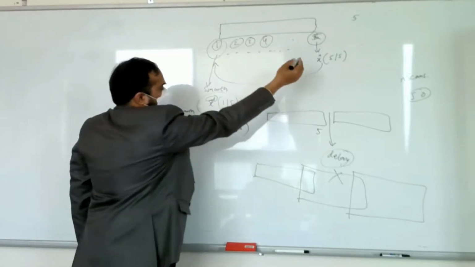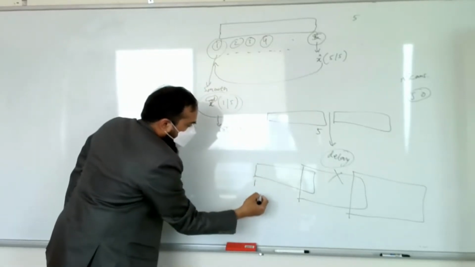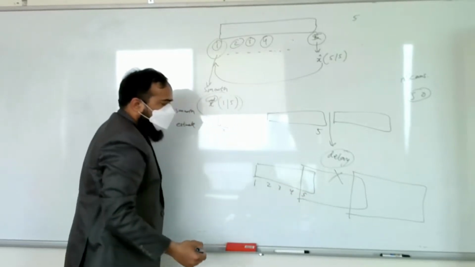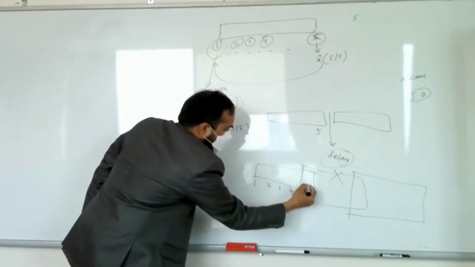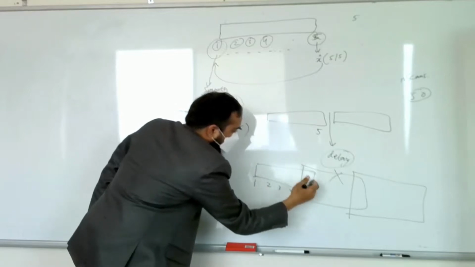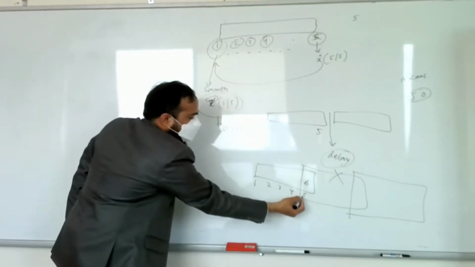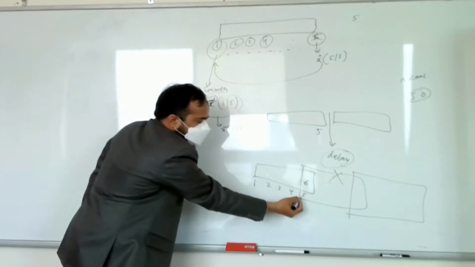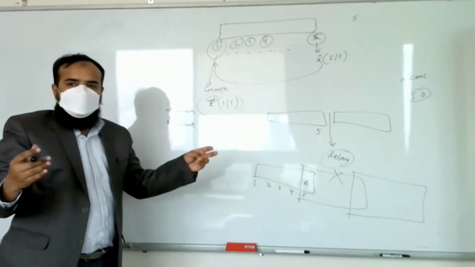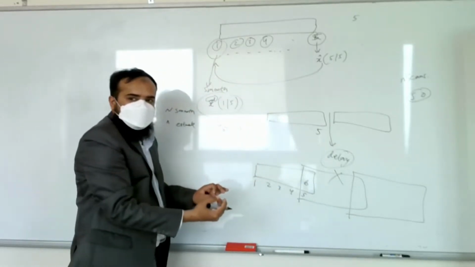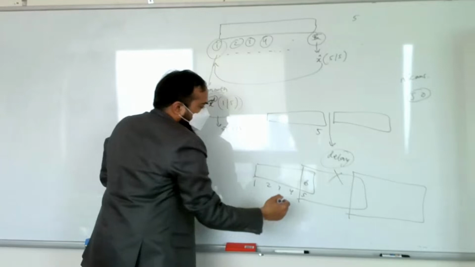So in this case, if this is scan number 1, 2, 3, 4, and 5, and here again 6, then scan number 6 overlaps scan number 5. So we have to combine each interval by the overlapping method.